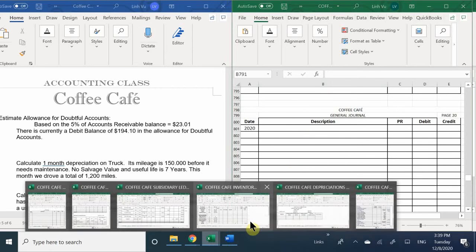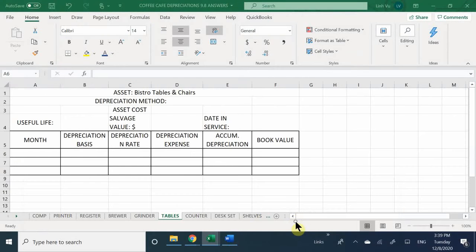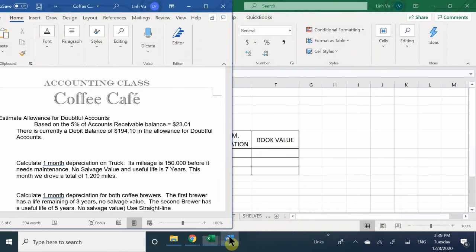Okay, so again, we are in our depreciation tables. First scenario says, calculate 1 month depreciation on truck. Its mileage is 150, okay, before it needs maintenance.